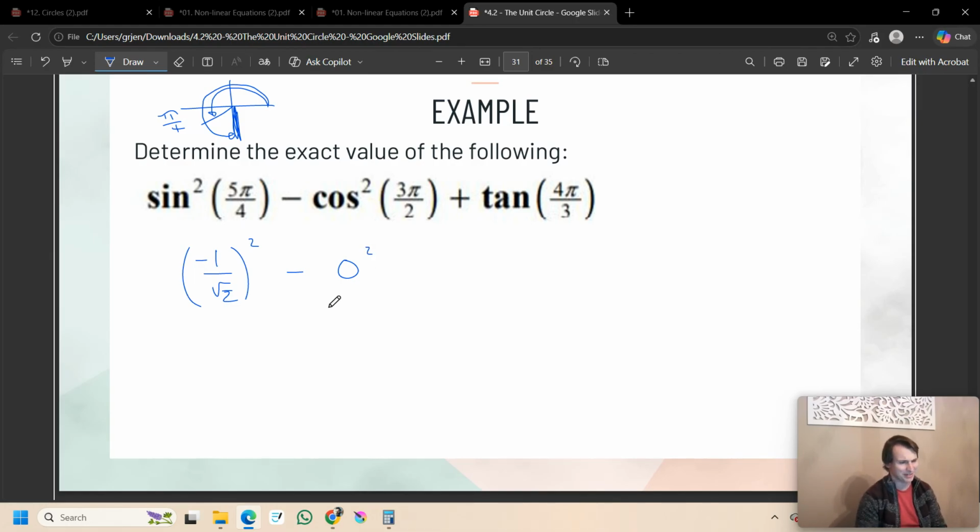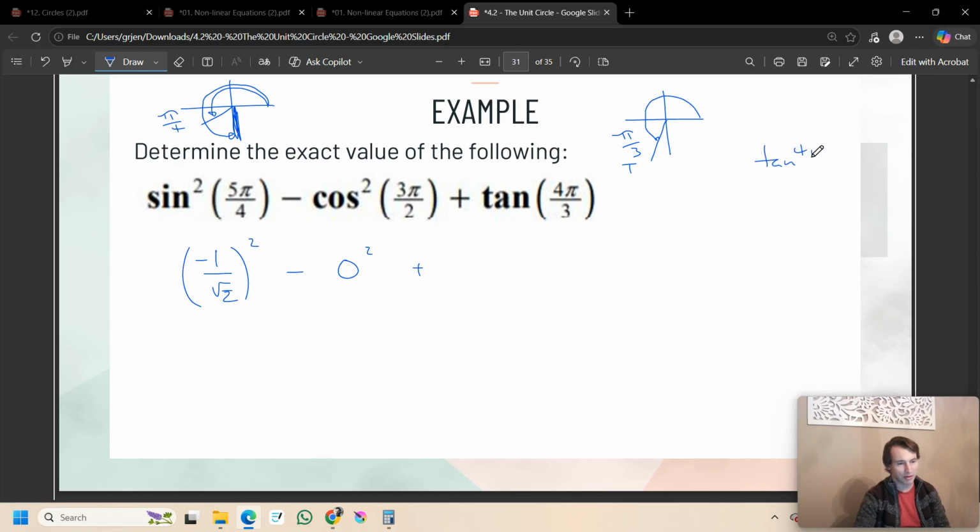Oh, plus the tangent of 4 pi on 3. Okay. The tangent of 4 pi on 3. Draw a diagram. There's pi. There's 4 pi on 3, 1/3 the way to 360 from 180. Reference angle pi on 3. Tangent is indeed positive over here. So this is the same thing as plus tan.